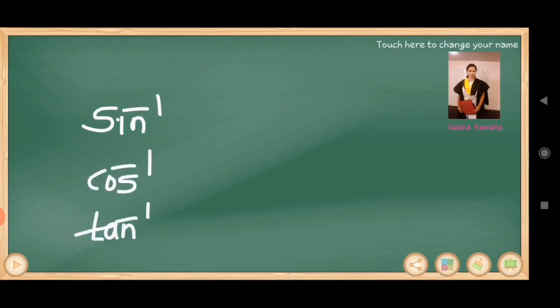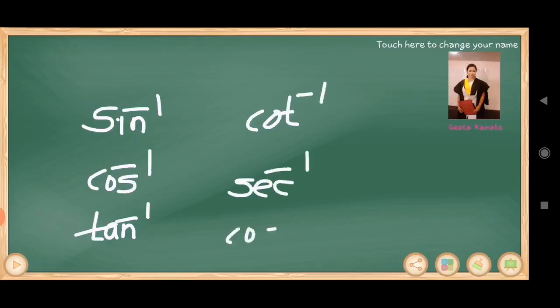All are having different domain and range depending on how the function becomes bijective. I have told for sine inverse, like that we should verify for the remaining all. Tan inverse, cot inverse, sec inverse, and one more is cosec inverse. So in this concept, first we study how to find the derivatives of these 6 inverse trigonometric functions.